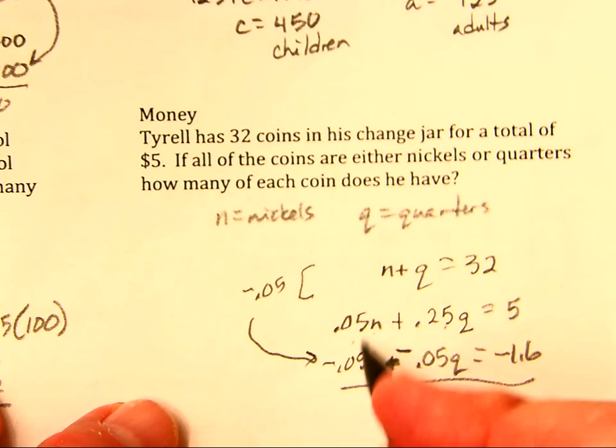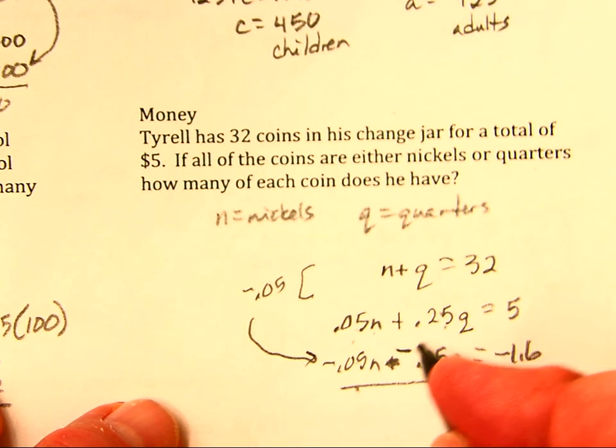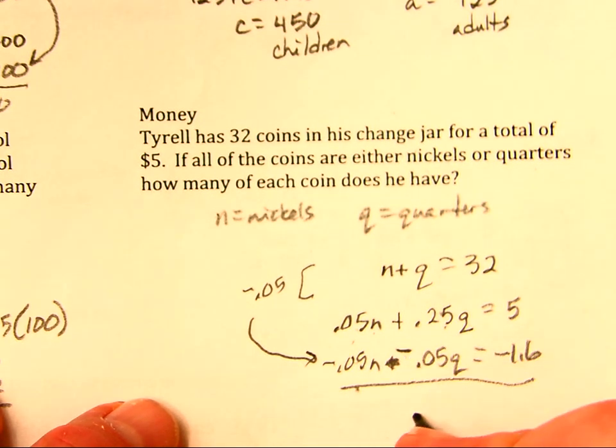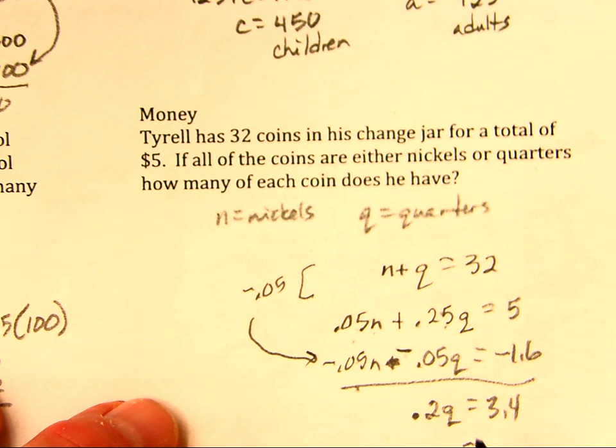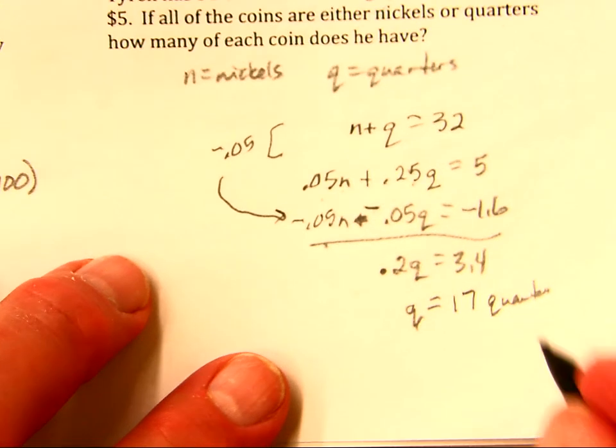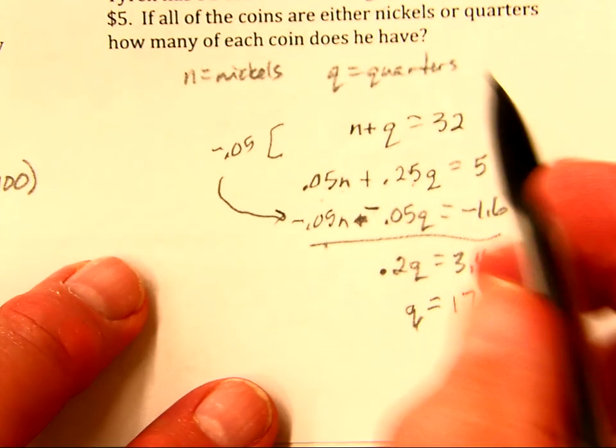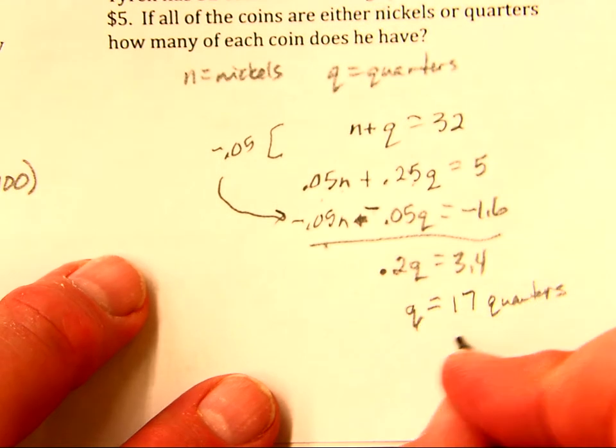Now combine those, the N's cancel out, the quarters, 0.25 minus 0.05 is 0.2 quarters equals 3.4. So if I divide by 0.2, Q equals 17 quarters. Well, if you had a total of 32 coins, the other 15 must be nickels.